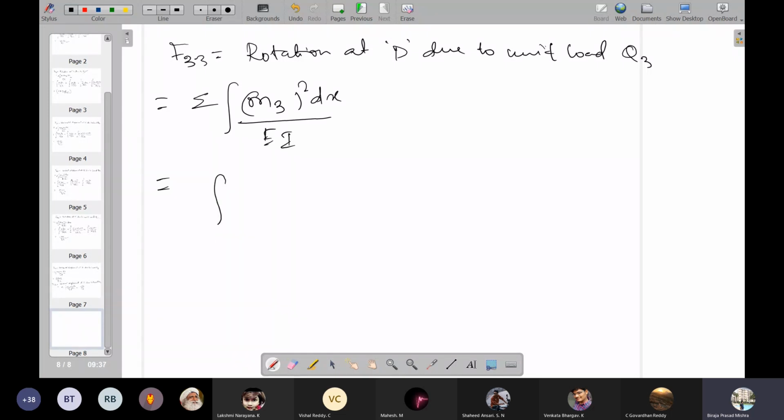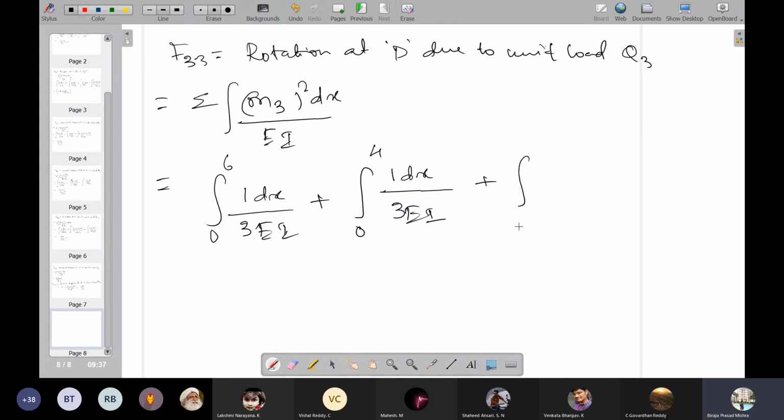That becomes integration 0 to 6 of 1 dx divided by 3EI, plus integration 0 to 4 of 1 dx divided by 3EI, plus integration 0 to 6 of 1 dx divided by 2EI.